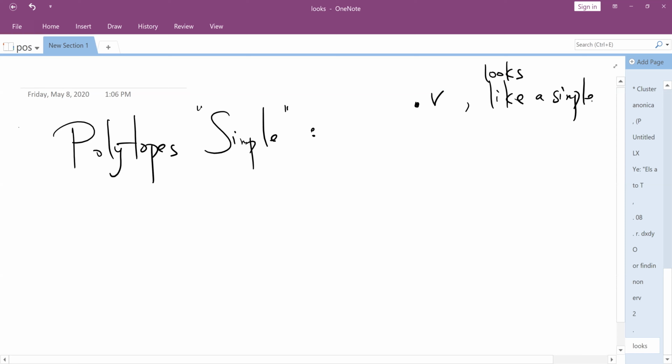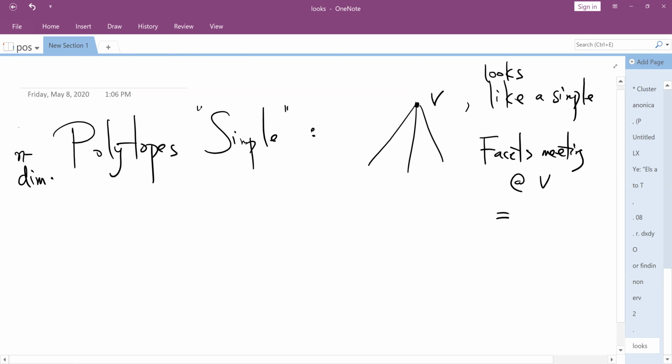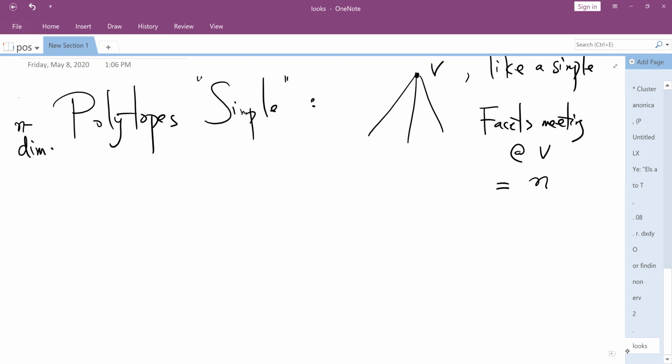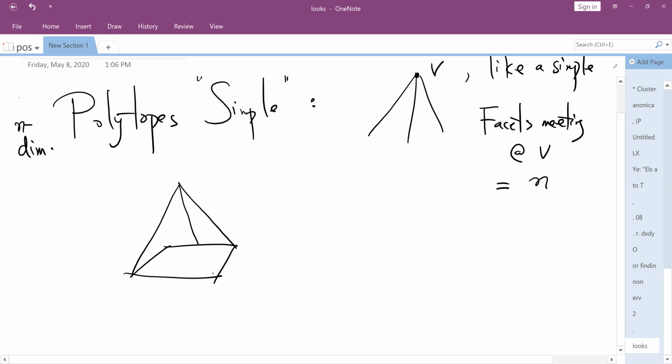In other words, at any vertex V, if it's an n-dimensional polytope, the number of facets meeting at V is equal to n. So all polygons are simple, and a tetrahedron is simple. But for example, a square pyramid is not simple, because in the neighborhood of that corner there are 4 facets meeting, and 4 is bigger than 3. It's a 3-dimensional polytope.